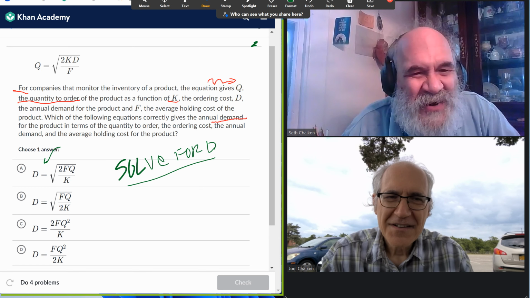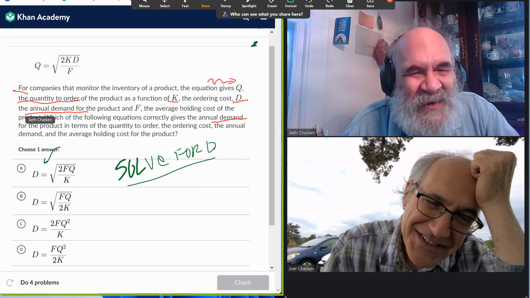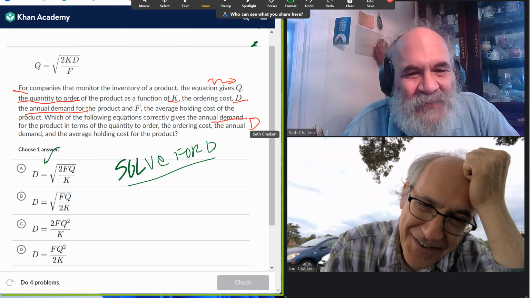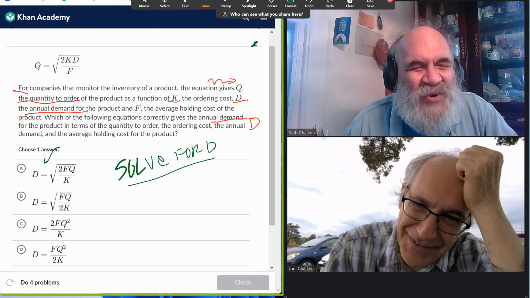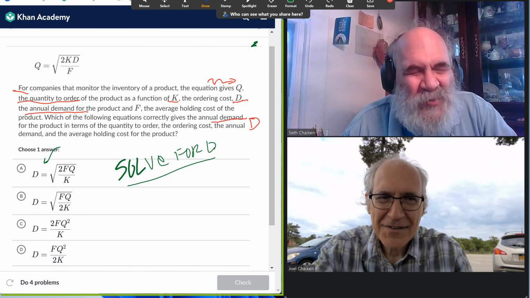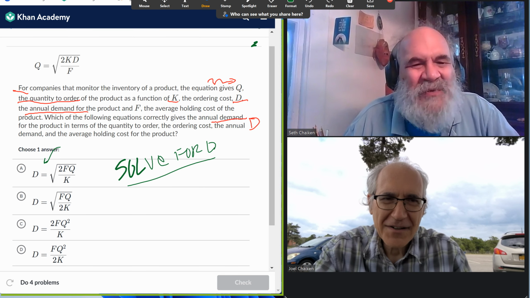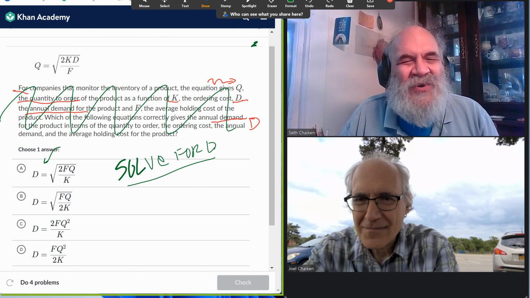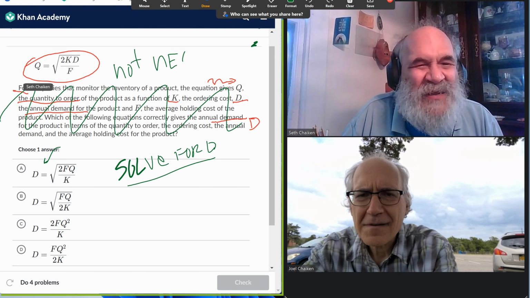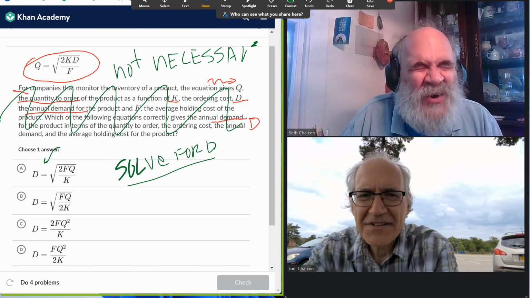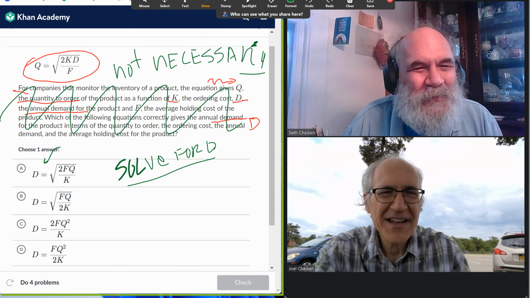D is the annual demand. So the question says solve for D, and the choices all have D equal. They put a lot of words, possibly to delay your getting at the question, and the question is, given this relationship between Q and F and D, solve for D in terms of the other two. We've already wasted almost 3 minutes on this question.